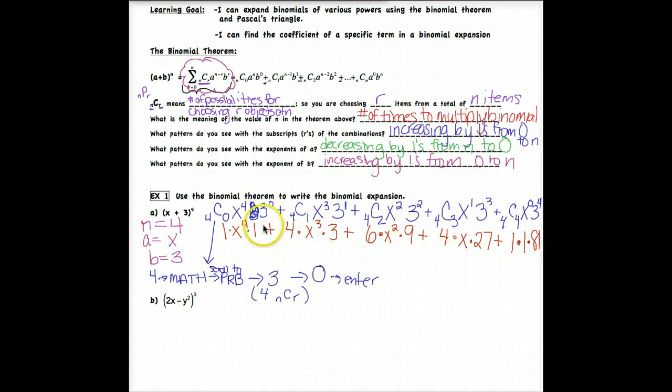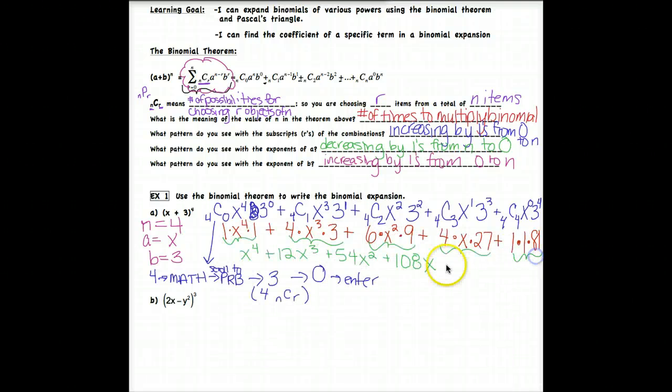81. So now, my final step of simplification here, combine these, that just gives me x to the 4th. Multiply those, that's 12x cubed. These, 6 times 9 is 54, so 54x squared. 4 times 27 is 108, so 108x.